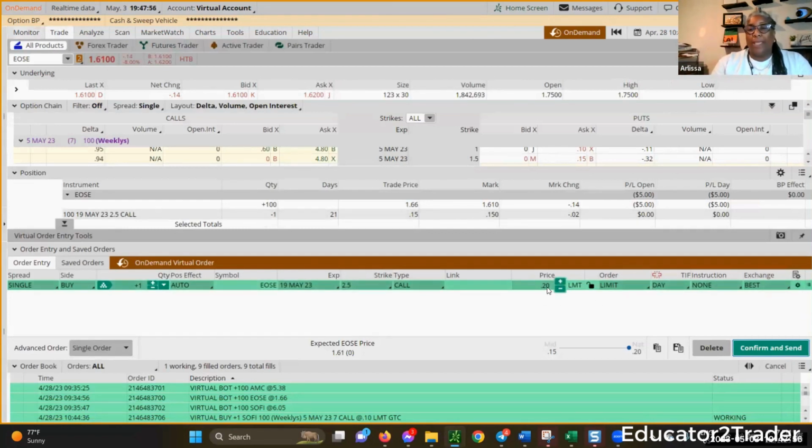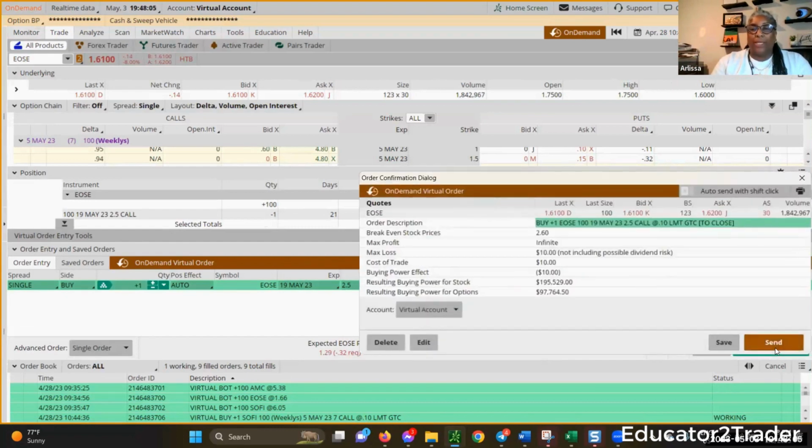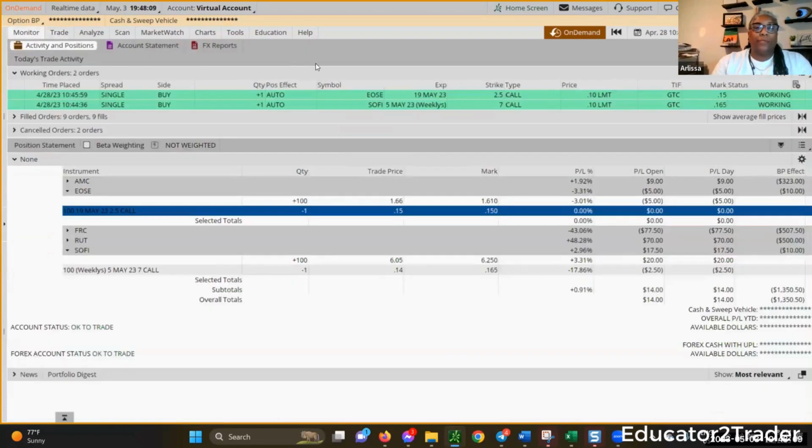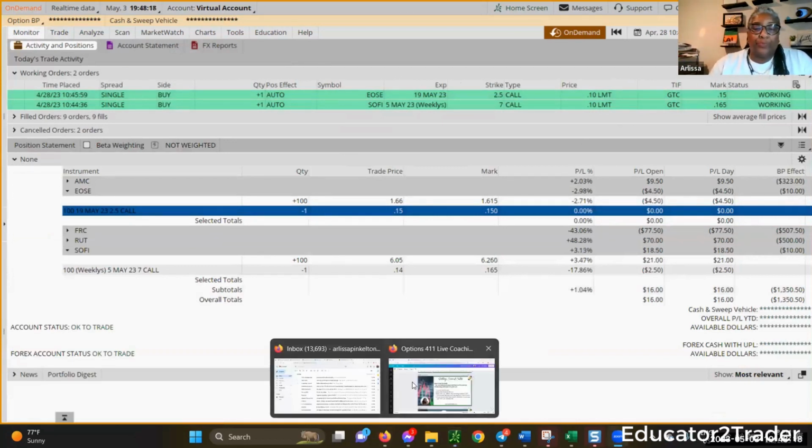And what do I want to pay? Maybe I say I want to pay $10 to buy it back. I don't want to pay $20. Good till canceled. I can put this order in and it'll sit there until the price gets to that spot. Okay, that's how we close an order.